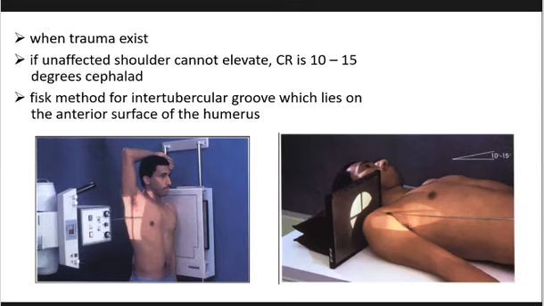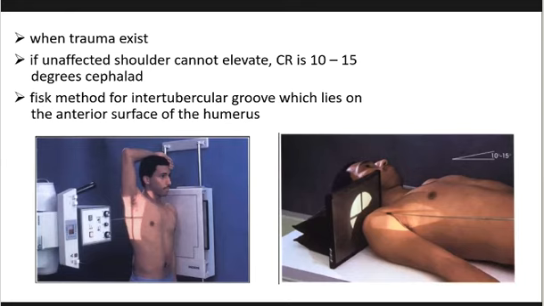Yan. So kung mayroong trauma, that is transthoracic lateral, wherein the affected side is close in contact to the vertical cassette holder.